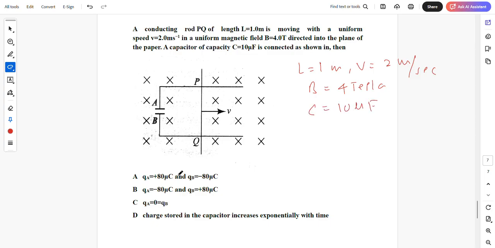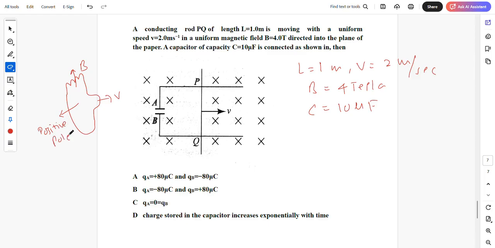Right hand palm rule. We are very clear with this. This is the velocity, this is the magnetic field, this is the positive pole.